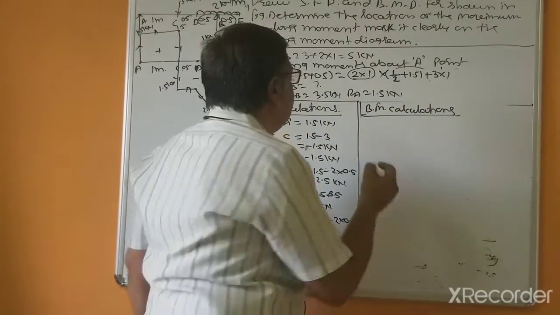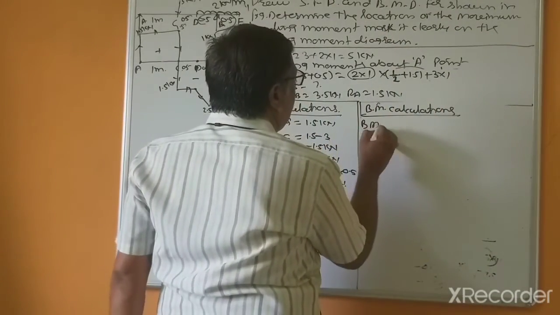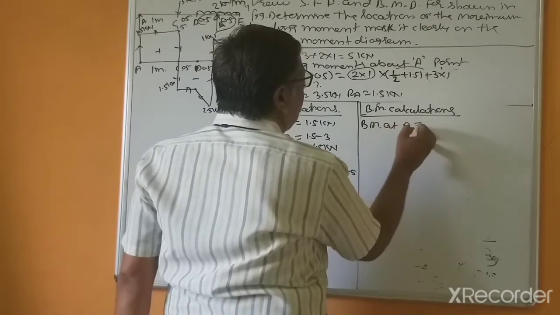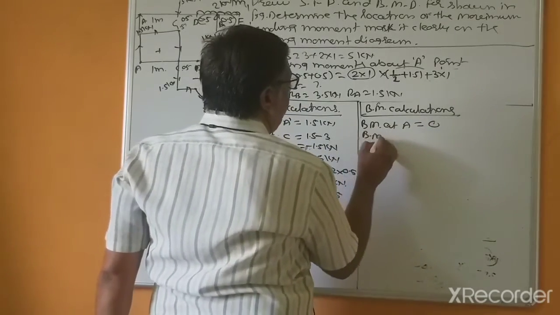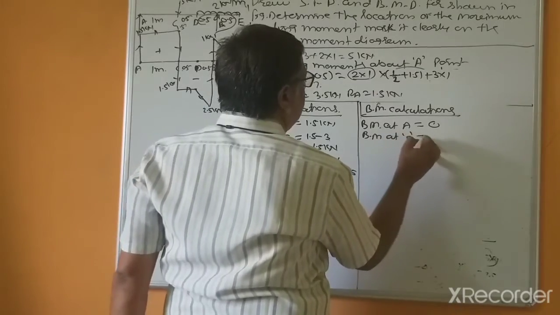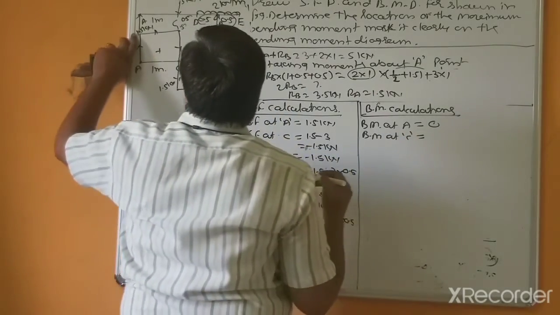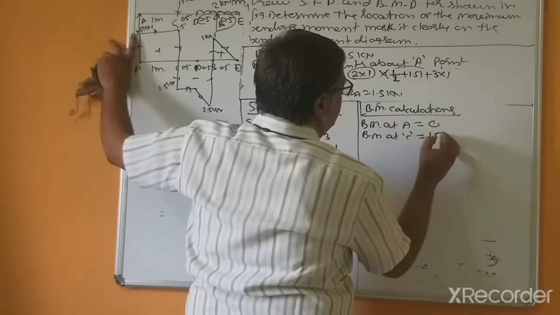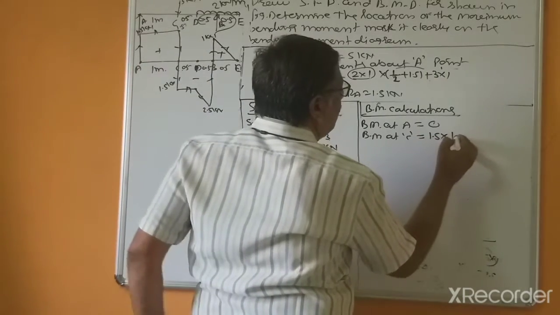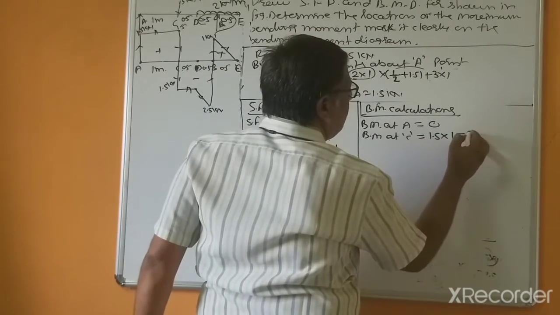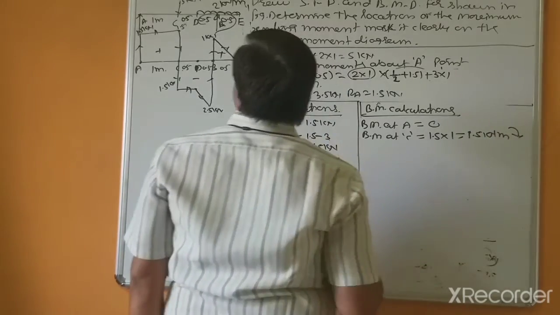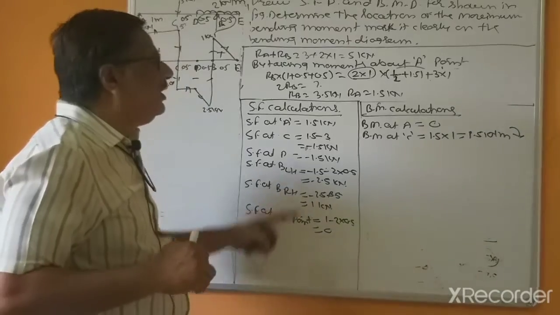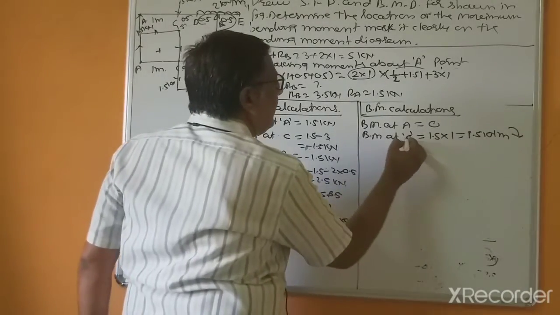Bending moment at end points, at A point equal to 0. Second point, bending moment at C equal to 1.5 kilonewton multiplied by distance equal to 1. So this is 1.5 kilonewton meter, and this is clockwise.